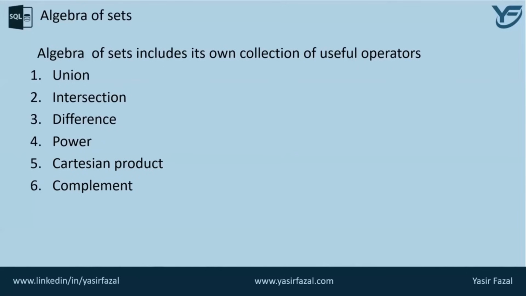Next is complement. Complement means that if a set has some members present in it, but you want another set which has all the members except the members of A, you will utilize the complement.